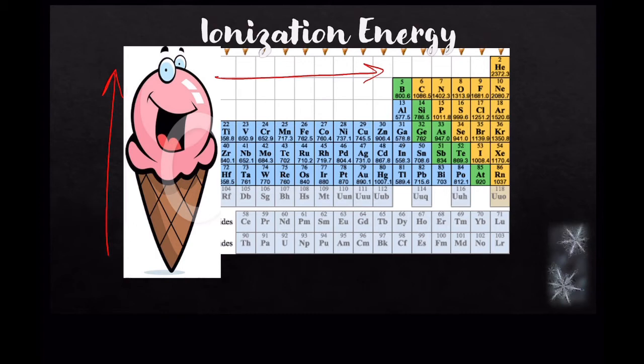Notice how the size of the ice cream, the width of it, it's bigger up here, and then the bottom of it is smaller. So similarly, ionization energy is larger, the value is larger up at the top of a group and smaller at the bottom of the group.